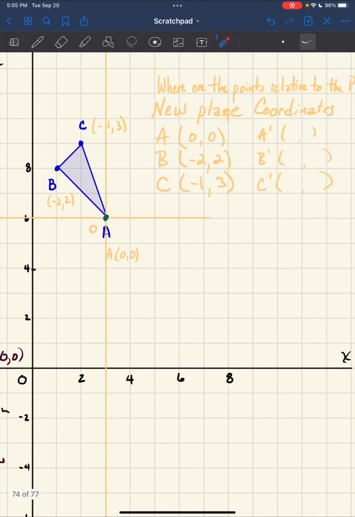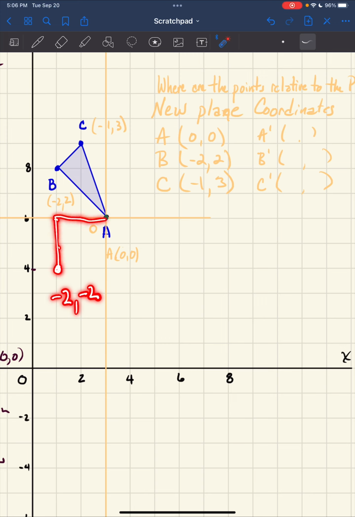So our (0, 0), of course, is going to stay (0, 0). But what would our B become? It looks like we would change that to (-2, -2), doesn't it? Because we'd put it in terms of (negative y, x). So over 2 this way and down 2 would put our point B prime at (-2, -2) on our imaginary plane.